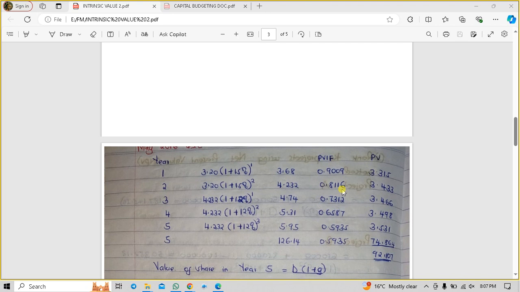1 plus 11% is to power negative 1 for the first year. 1 plus 11% is to power negative 2. The formula is 1 plus r in bracket negative n.